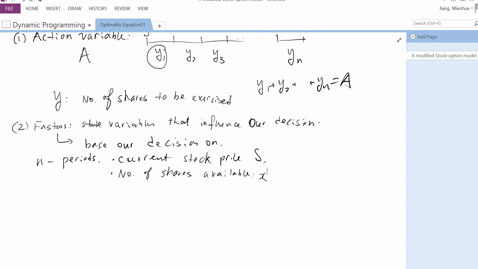And after we do this, usually we can write down the optimal expected profit.